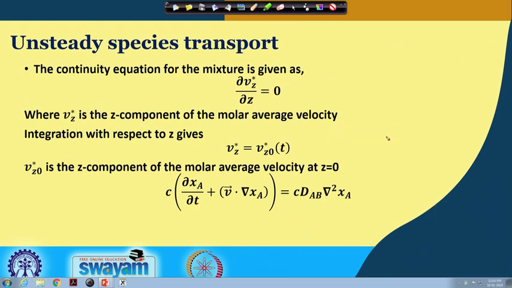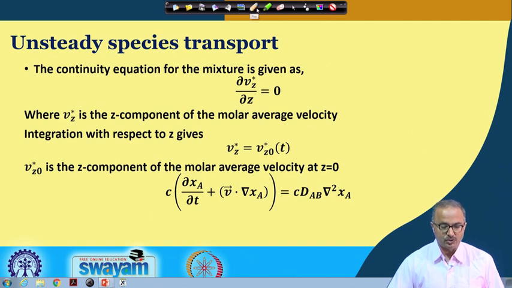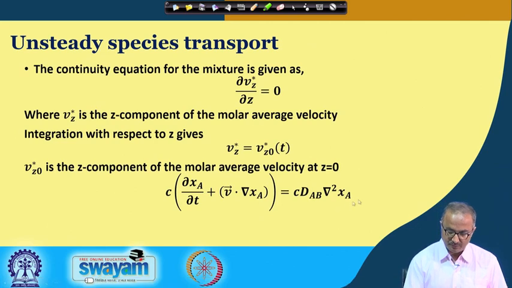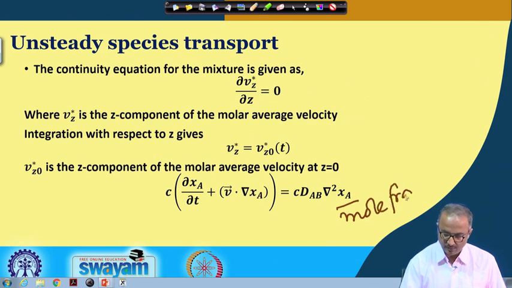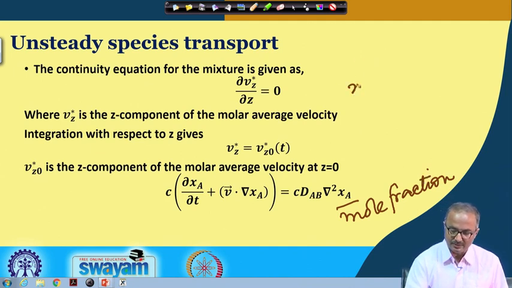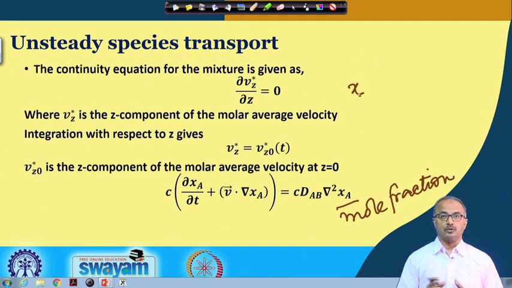Here, when I write x, it should not be confused with Xa, which represents the mole fraction. Okay, you should be careful about that. This Xa is the mole fraction, and when we write only x, it signifies the coordinate direction.